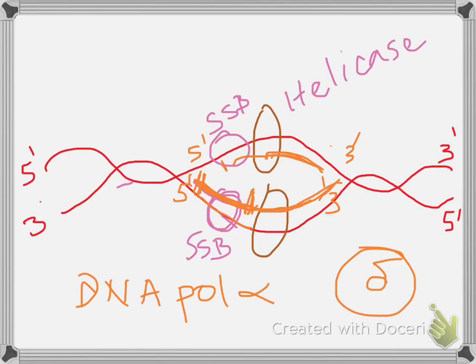Then again, as this is the discontinuous strand, DNA polymerase alpha adds the primers alternatively. So it requires many primers. This is the lagging strand. It requires many primers because the direction is opposite. So the nucleotides are added in the opposite direction.